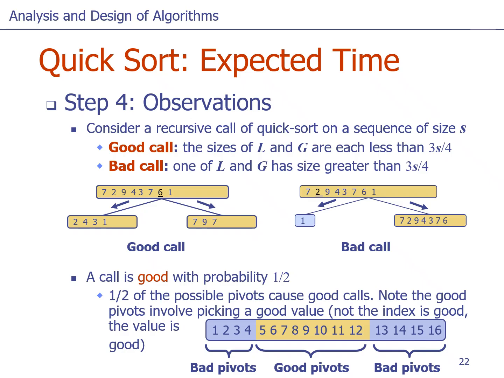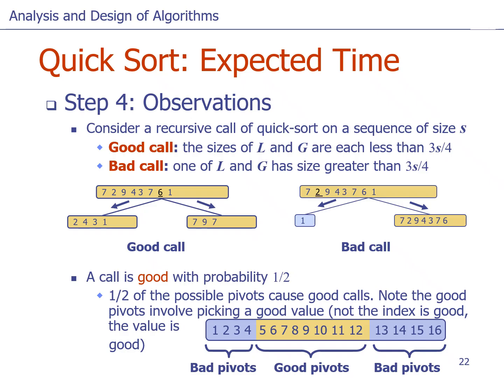We will expand our understanding basically by saying that if I get a pivot on any one of those values, if the random process I'm using will produce an index for any one of those values in the array, regardless of where they are, the outcome is going to be good. Why? Because the sizes of L and G are each less than 3/4 of the input.